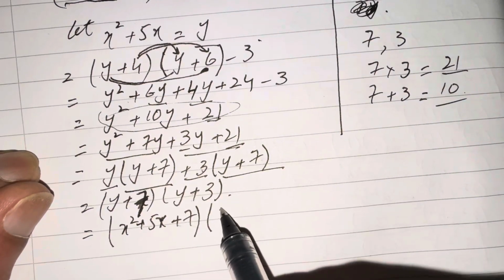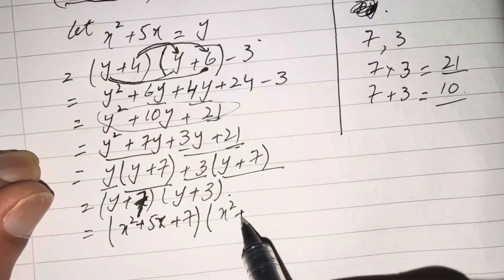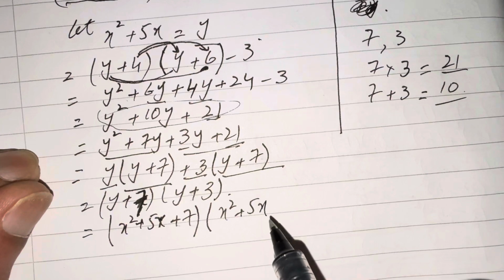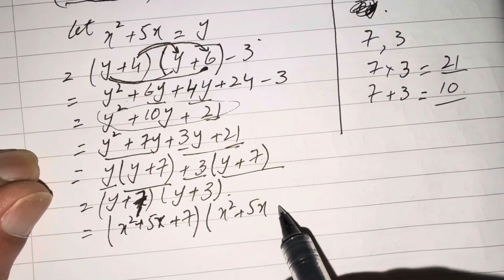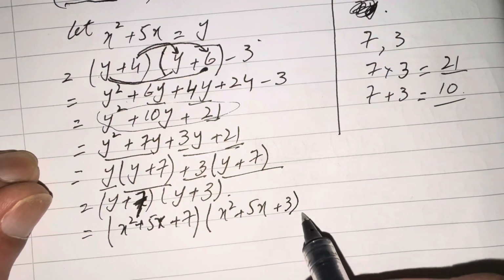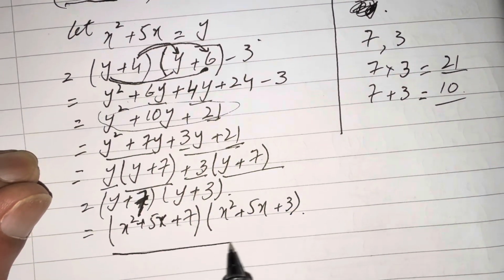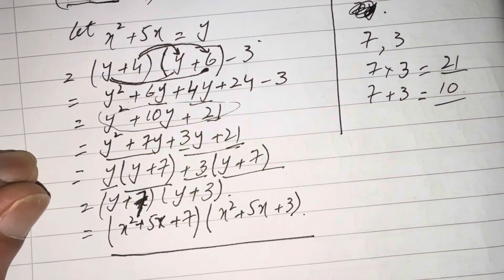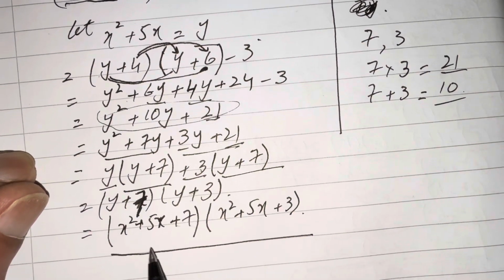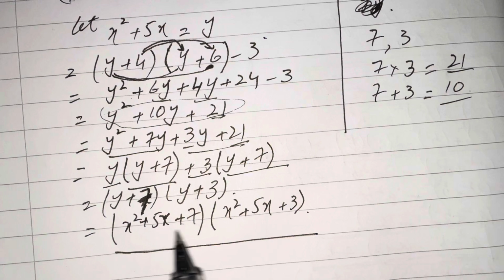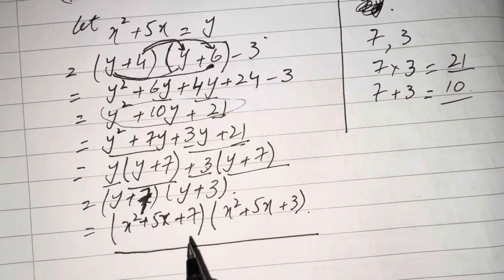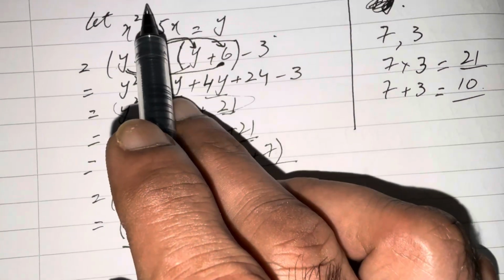So in place of this y, x squared plus 5x, plus 3. That's the process. We have factorized it, and if you multiply these two expressions, you get the answer over there.